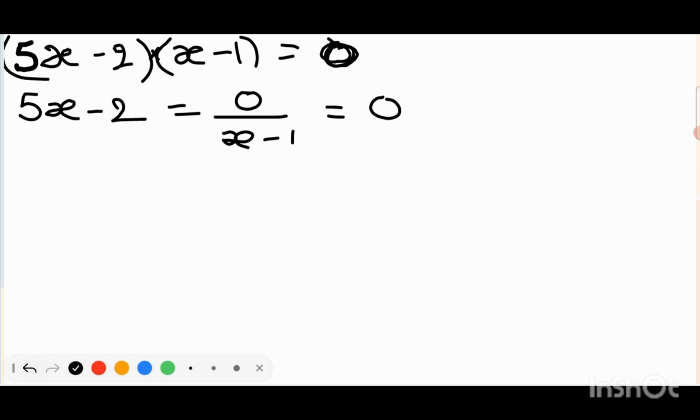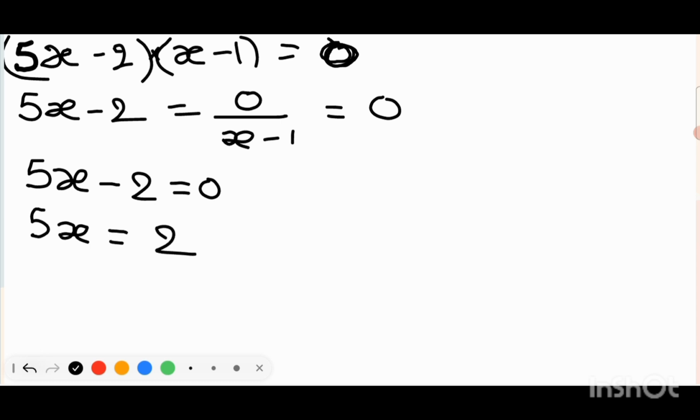Now 5x minus 2 is equal to 0, 5x is equal to 2, because if we send minus 2 from LHS to RHS, it becomes plus 2, and x is equal to 2 by 5, because 5 when sent from LHS to RHS becomes by 5.